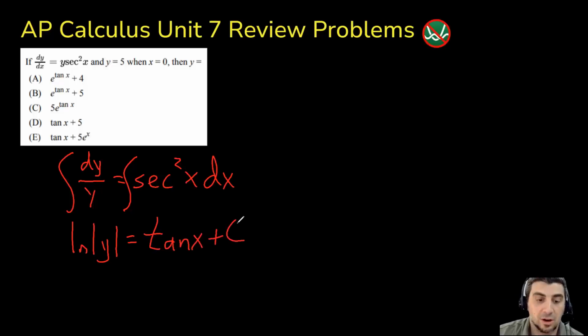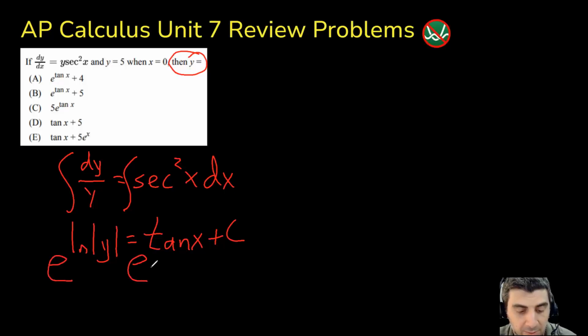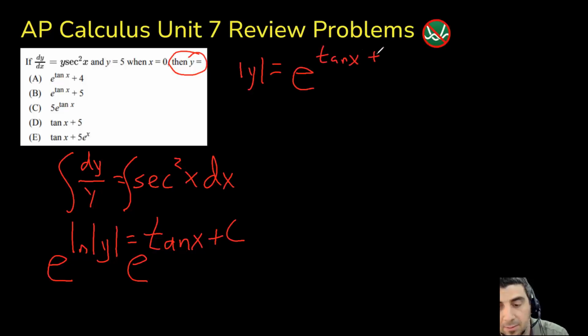All of these are solved for y, and that's implied when they say then y equals. So we have to solve for y. Exponentiate both sides. Up here we would have absolute value of y equals e to the tangent x plus c. Now we need to take care of those absolute values. If you take them off, that means the y could have been positive or negative.